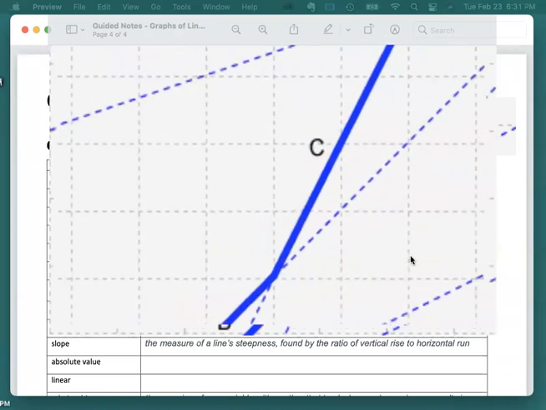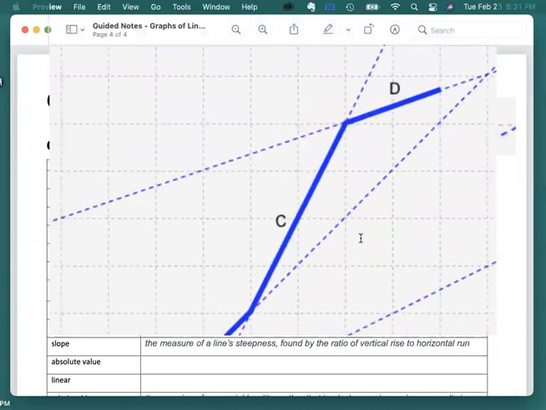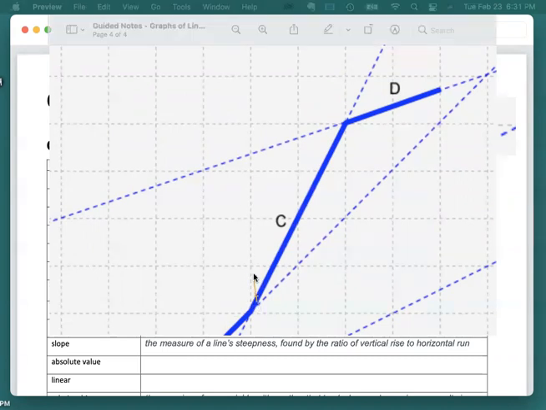And then C, whatever the scale is, I didn't really check that first. C goes up here, so it looks like it's up 2/1, up 2/1, like that.